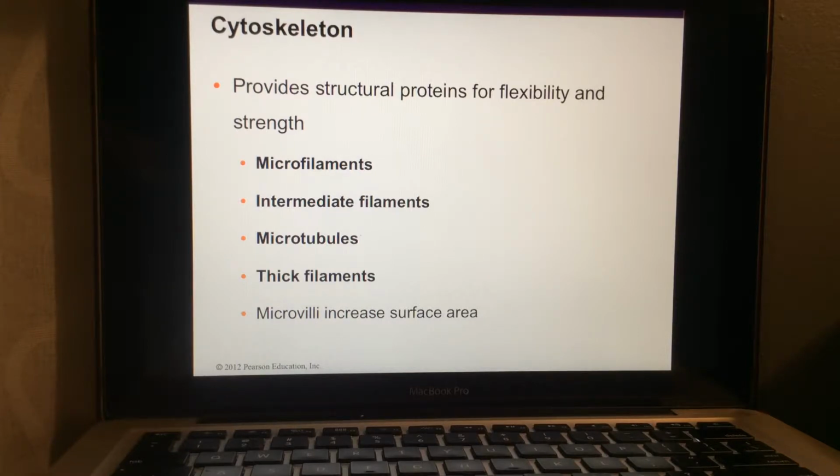So all of these are going to be protein tubes and provide a great deal of function. And these include the microfilaments, the intermediate filaments, microtubules, thick filaments, and the microvilli will help increase surface area on the periphery of the cell.